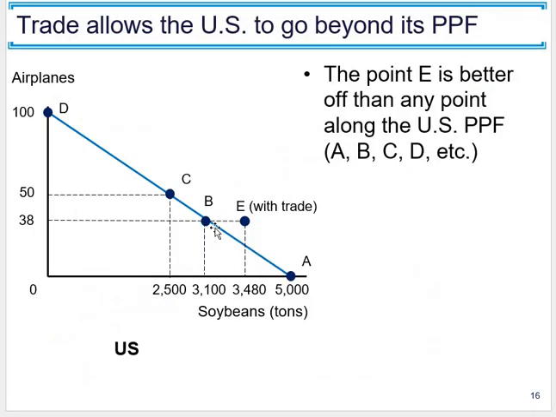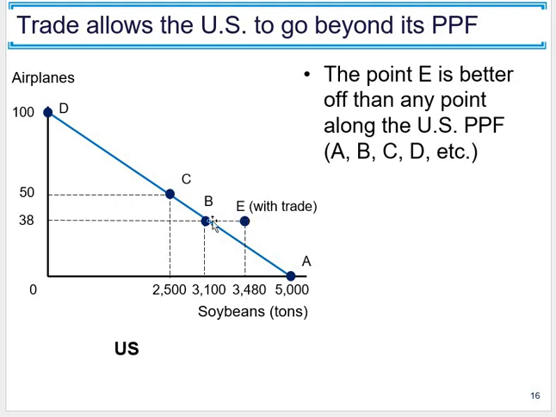Okay, and think about that. If we also denote the point with trade as point E on the US PPF figure, right? The point E is actually here. With trade, the US can keep 38 airplanes, while having 3,480 tons of soybeans.